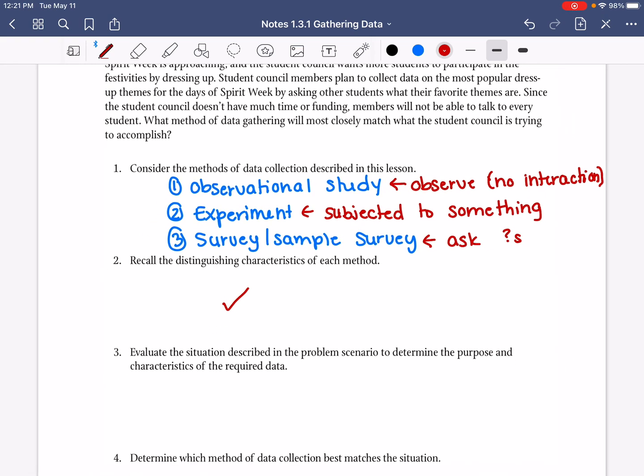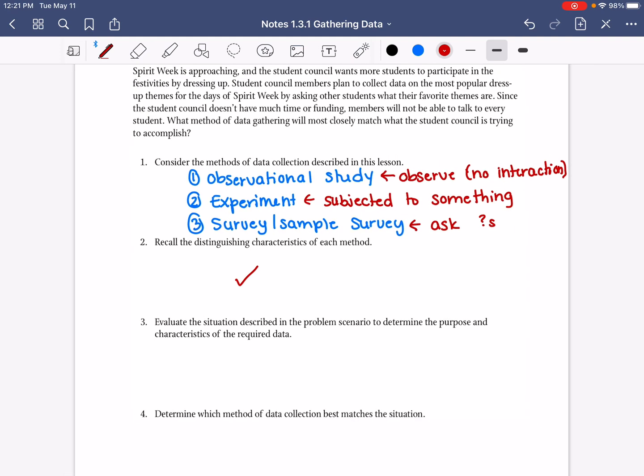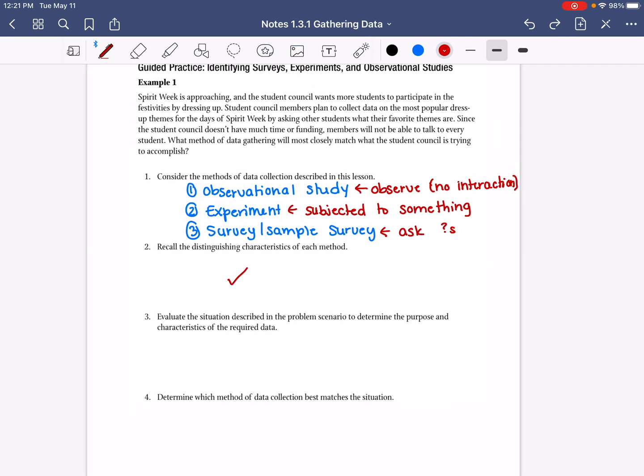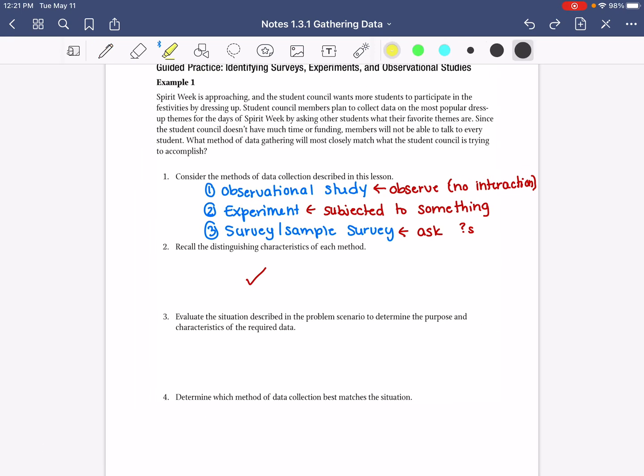So, the situation, what do they determine the purpose and the characteristics that are required? All right. Well, in our problem right here, it says that their goal is they want more students to participate in the festivities. That's what they want. The way that they want to do it is they want to use the most popular dress-up themes.